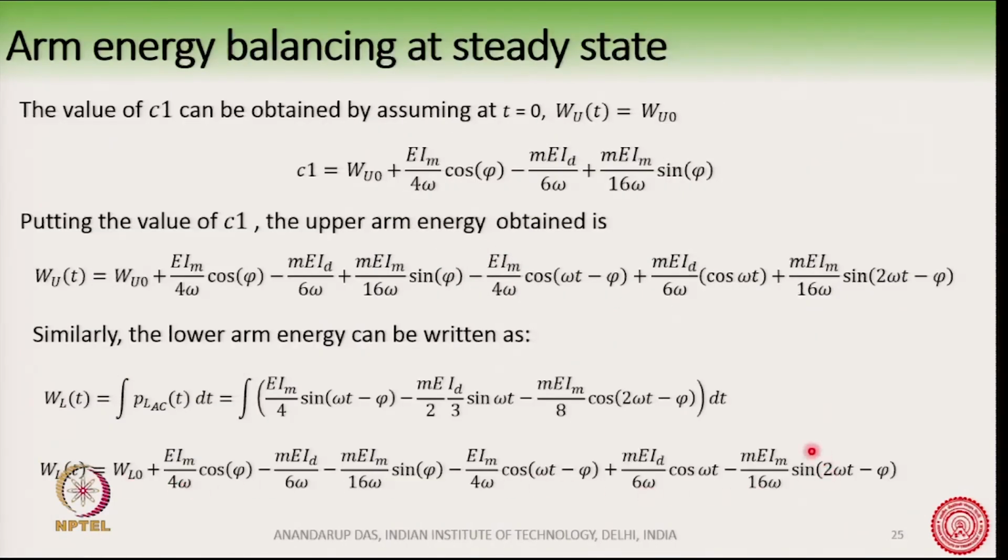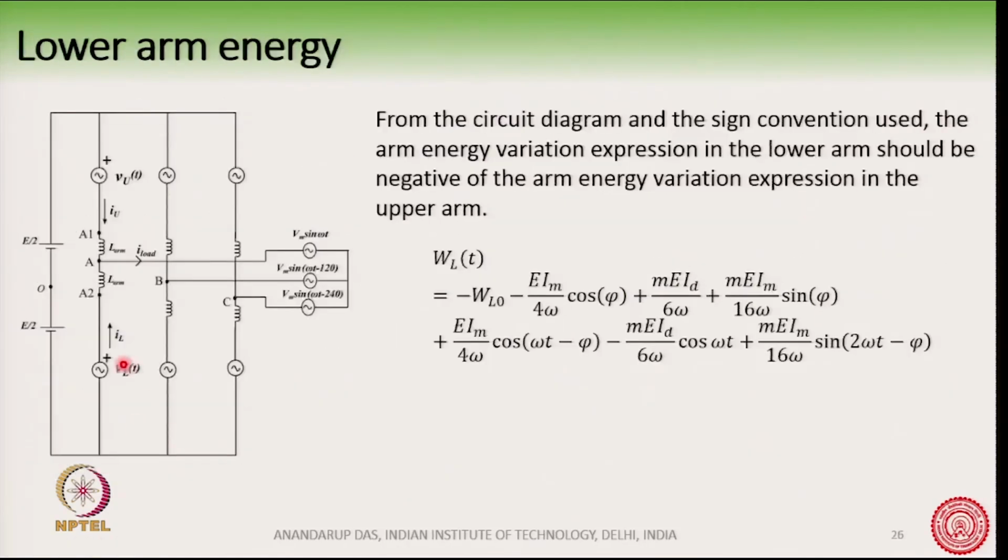This value was obtained by assuming that the circuit is like this, where the lower arm was delivering the energy. However, in order to be consistent with the upper arm, we are now writing WL as minus of the previous expression, and so we get the actual WL. This is the energy expression for the lower arm, assuming it is absorbing the energy.